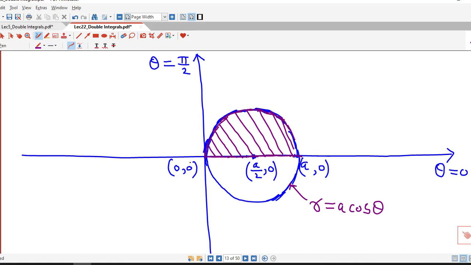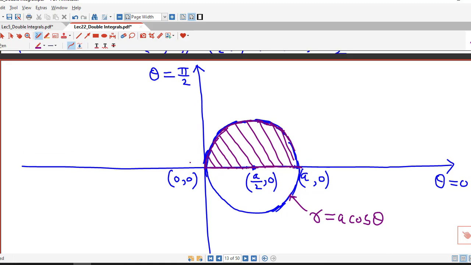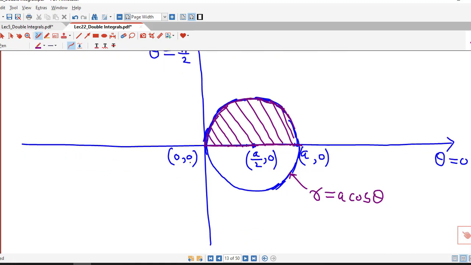So now we have the region of integration, so we have to decide the limits of integration for variables r and theta. As we know, to determine the limits of variable r, we have to imagine a ray starting from origin and passing through the region of integration. So suppose this is a ray which is starting from origin and passing through the region. We have to determine the values of variable r at the point at which ray is entering the region and ray is leaving the region.